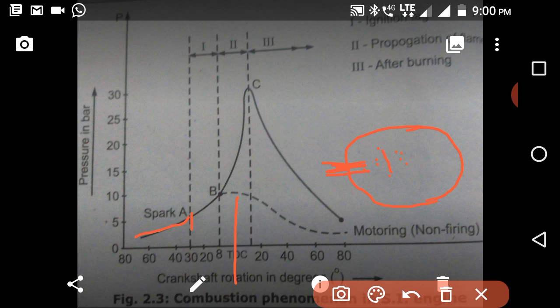Initially what is happening when you are creating the spark? This will be the thin thread, and due to that the air fuel mixture will get heated. Due to the heating, the adjacent air fuel mixture will get heated, and it will create its nucleus. It will approach the self ignition temperature.